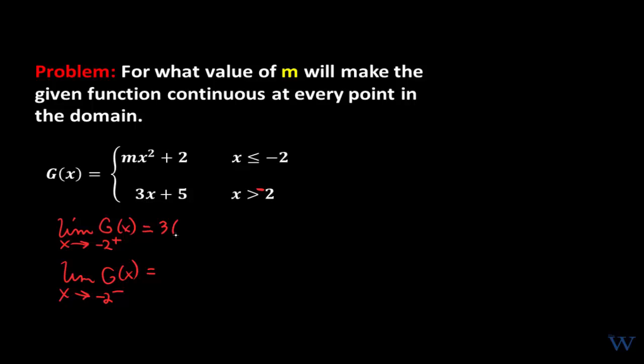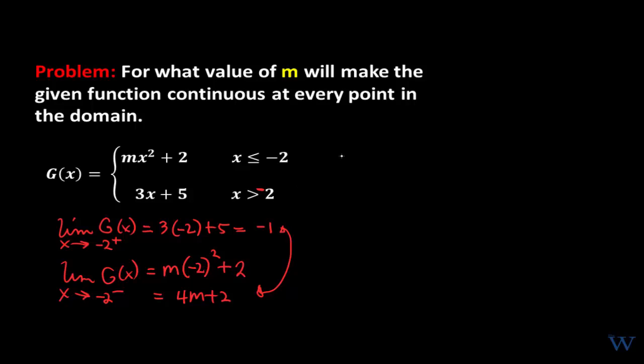It's 3 times -2 plus 5, which gives us -1. What's the limit as x approaches -2 from the left? Let's plug in m times -2 squared plus 2. That's going to give us 4m plus 2. Now, how will the limit exist? As long as these two are equal. So let's go ahead and equate these two.